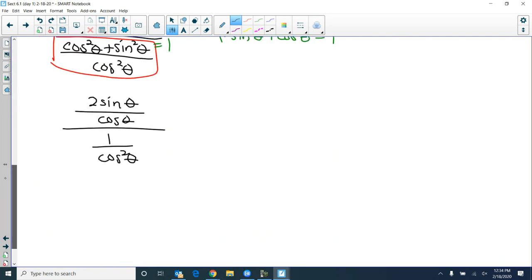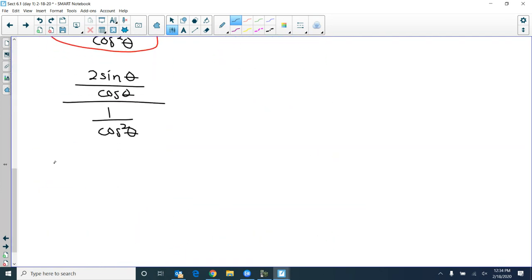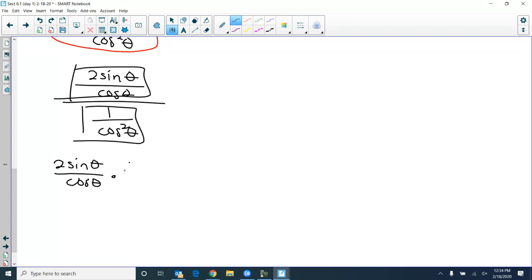So I have to divide. Take 2 sine of theta over cosine of theta times, keep the first one, change it from division to multiplication, flip the bottom one. So it's cosine squared theta over 1. In these things you are always looking to cancel, because anything in the numerator will cancel anything in the denominator, provided everything's being multiplied, which it is.